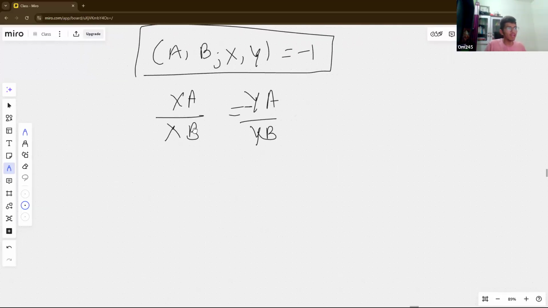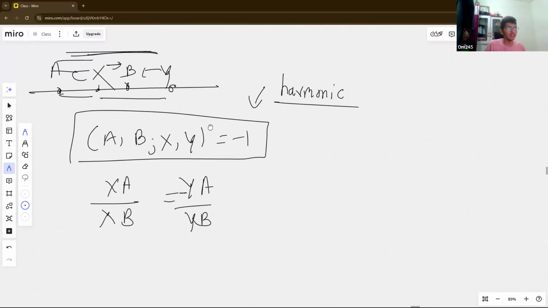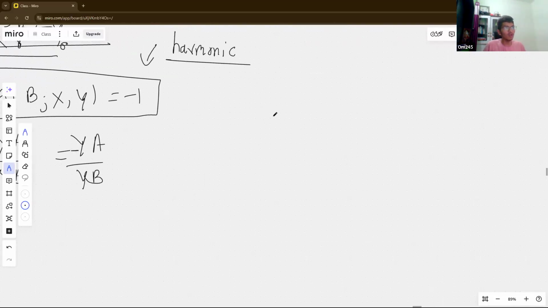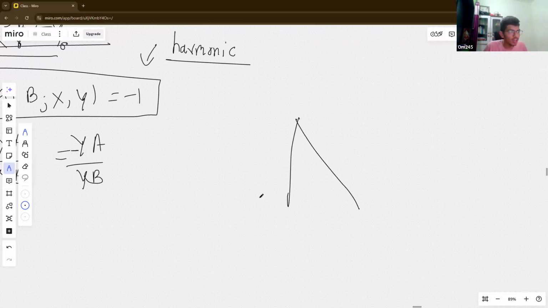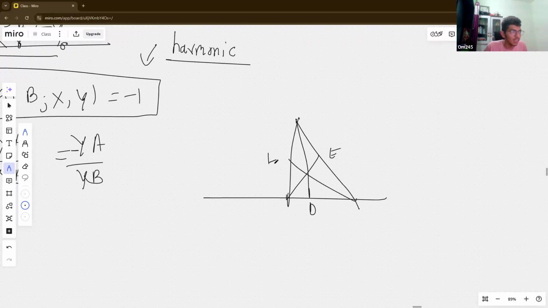Now, a cool fact about this harmonic thing is that it gives us so many things to handle. First of all, consider some cevians DEF such that AD, BE, CF are concurrent at some point P in triangle ABC. Then consider the point where EF intersects BC, call it D dash.